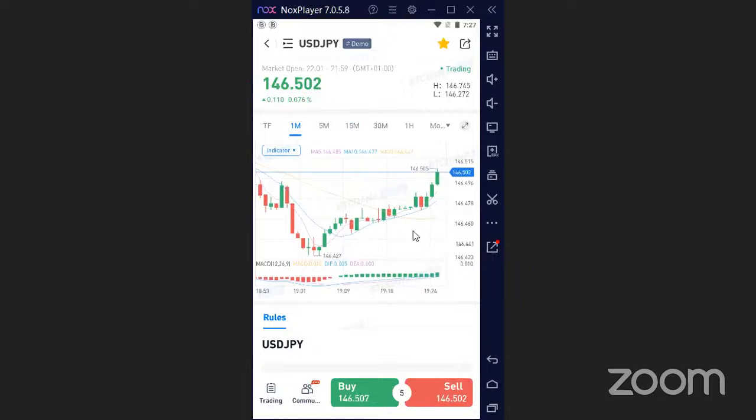So the way they help you magnify is what we call leverage. BTC Dana offers leverage of 1:500. What this 1:500 means is whatever you are depositing, they are magnifying it by 500 times.